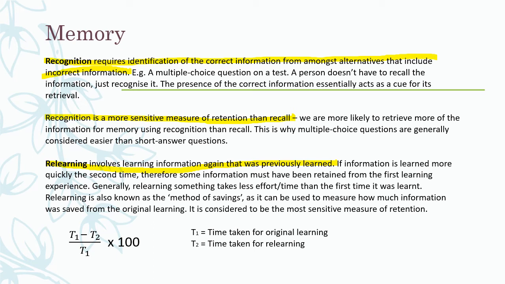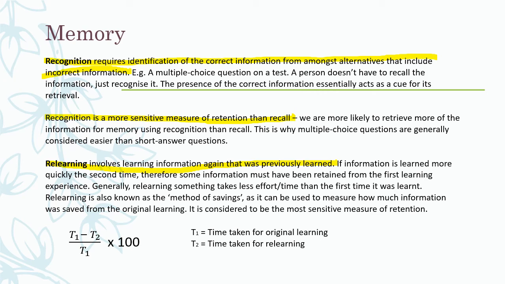And if you're relearning it, it means that some aspects, I'm really hoping, are actually already in your memory. So all this is doing is jogging your memory. So information that is learned the second time is going to be quicker. And this is because you've already learned most of it. Generally, relearning something takes less effort and less time than the first time it was learnt.